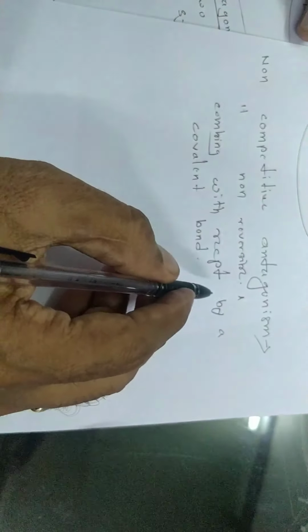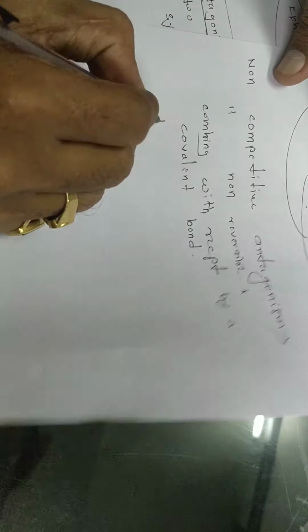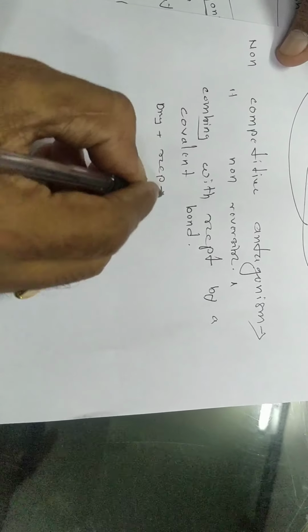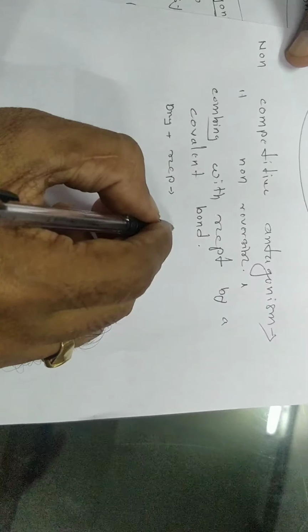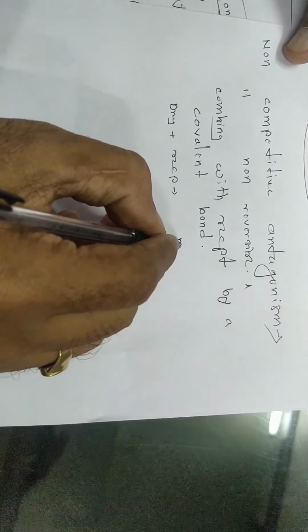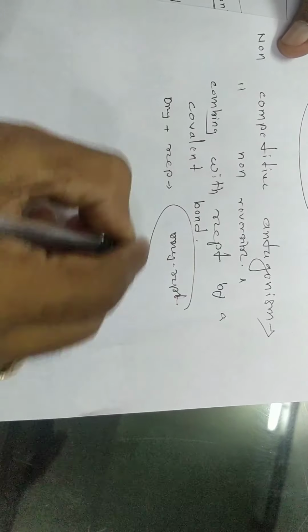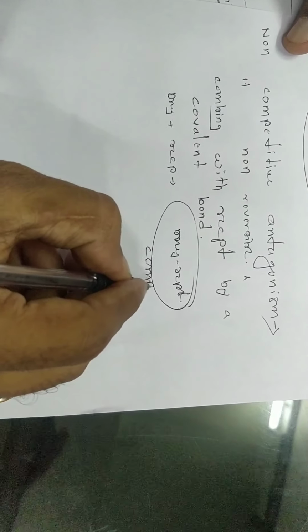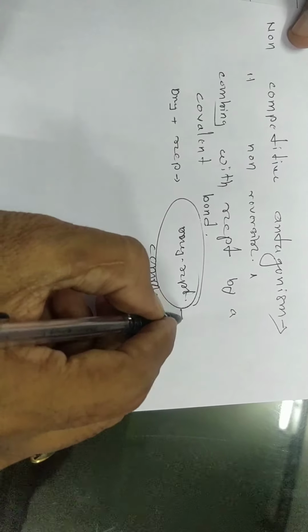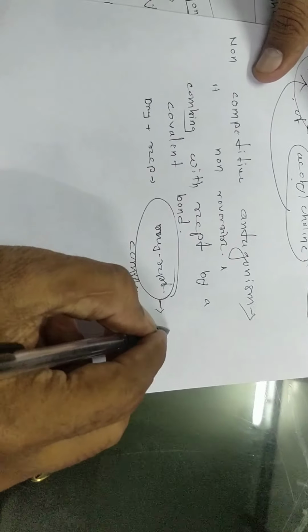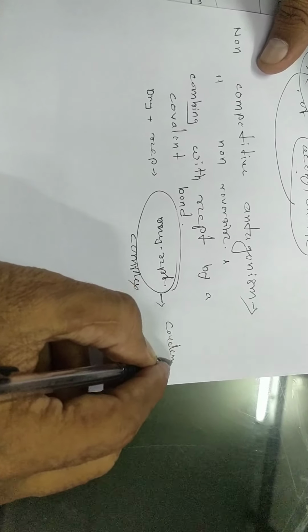The agonist binds to the receptor because of the affinity and forms a drug-receptor complex, then they are bound to each other by a covalent bond.